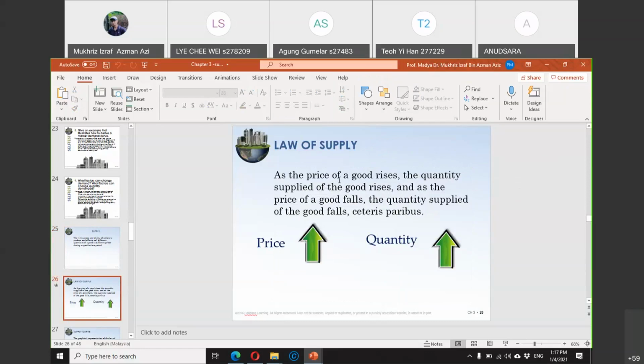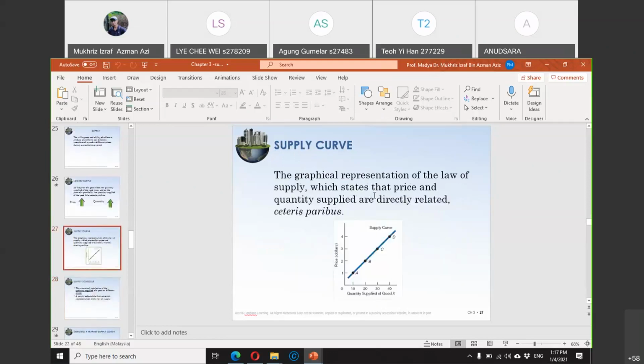For normal goods that you usually buy in the grocery store or supermarket, it follows the general rule of a positive relationship between price and quantity. For the law of demand, it is a negative relationship: price goes up, quantity goes down. But for supply, we expect that it will be positive.